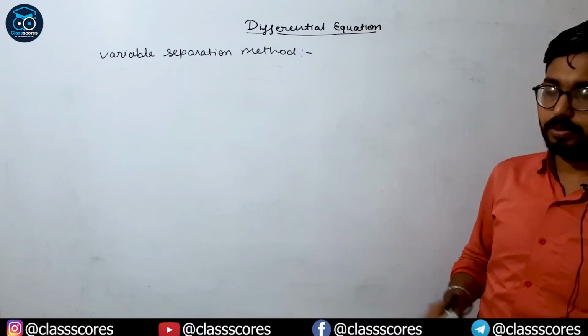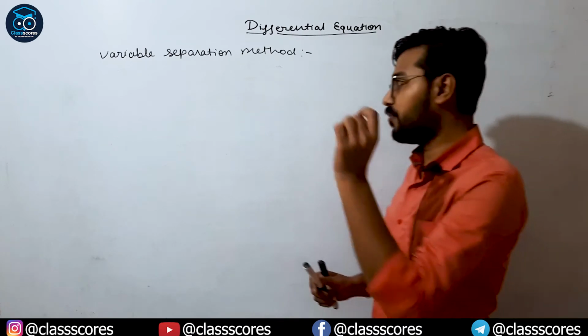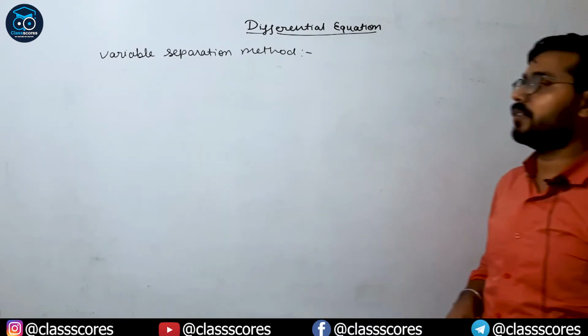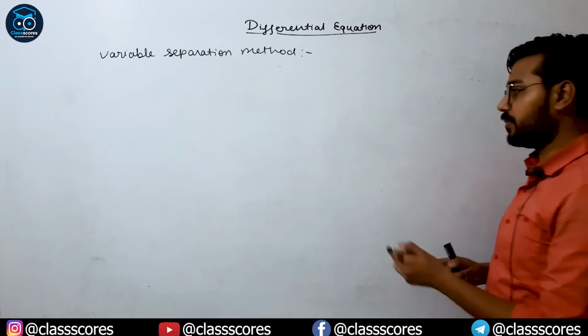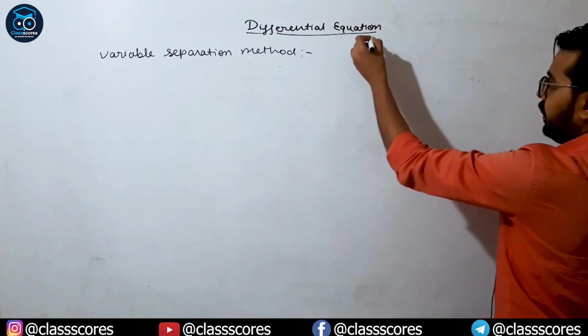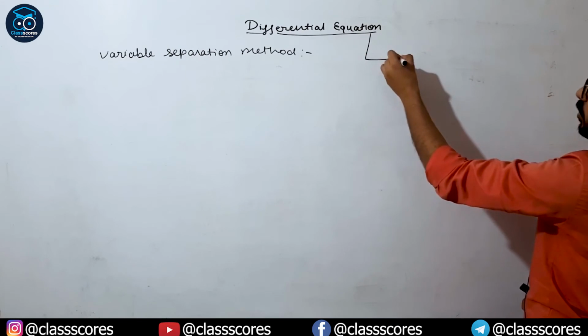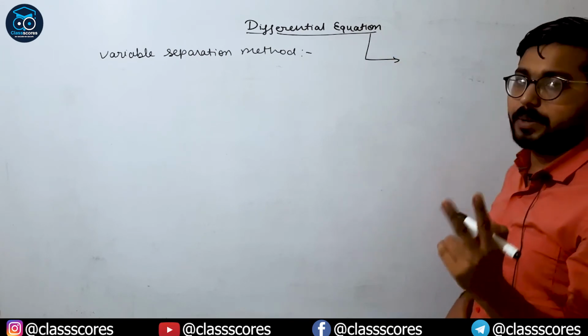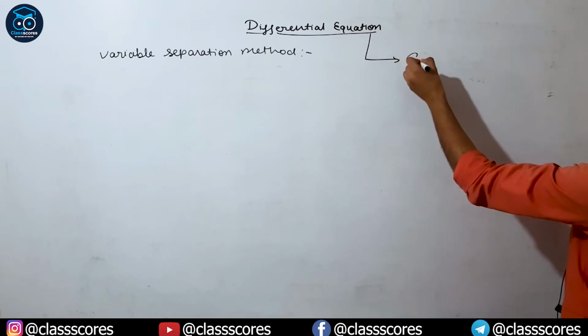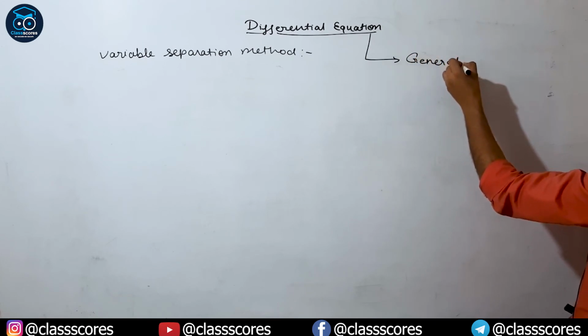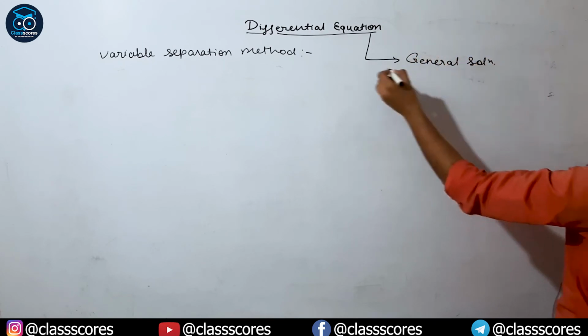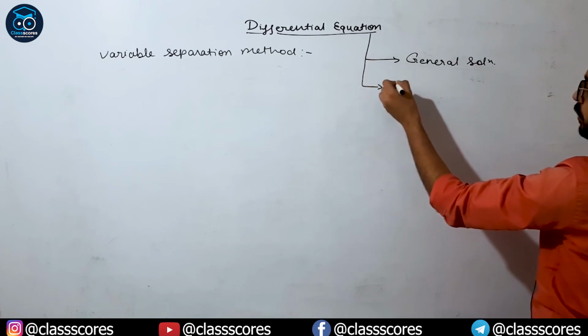Before studying the variable separation method, we need to understand that in a differential equation we get two types of solution. The first is the general solution and the other is the particular solution.